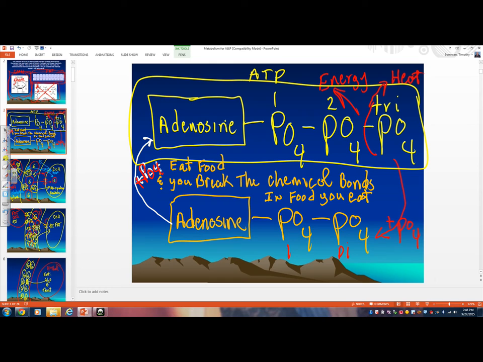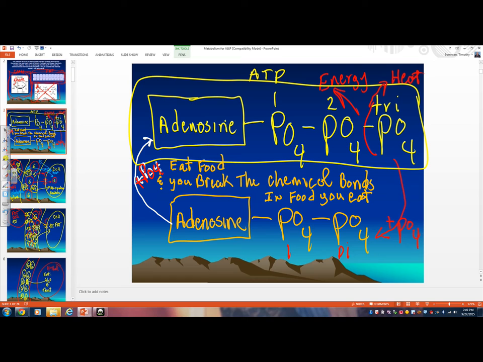So what I'm going to talk to you about now is the process of how, after we've used ATP, do we pop on that third phosphate to ADP to recycle it into ATP so you continue to do what you do. And again, where do you get that energy to pop on that third phosphate?